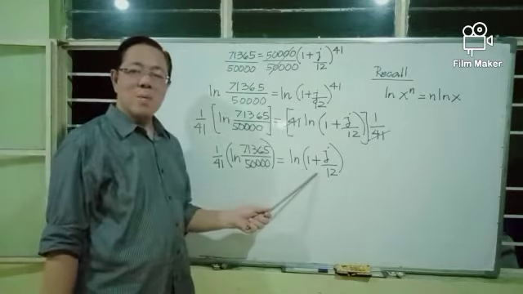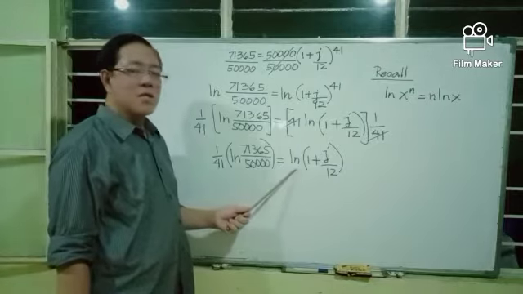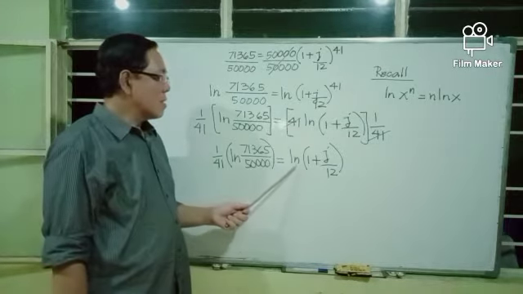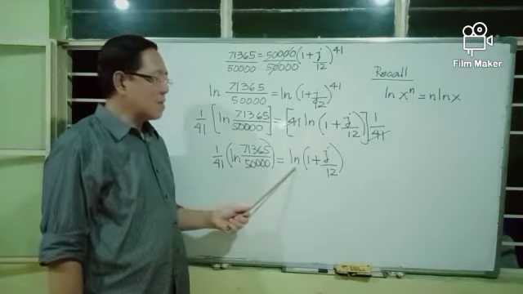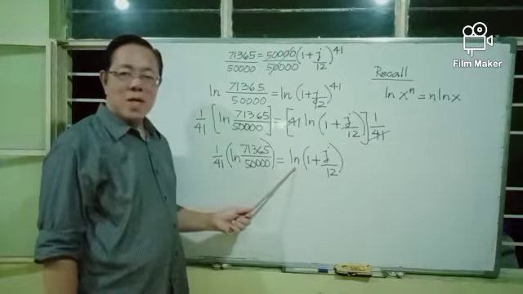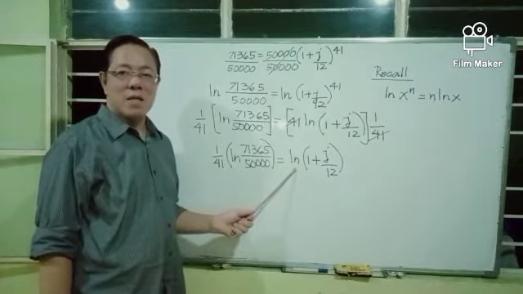But the variable j is still inside the natural logarithmic function. Thus, we must get rid of this natural logarithmic function at the right hand side.